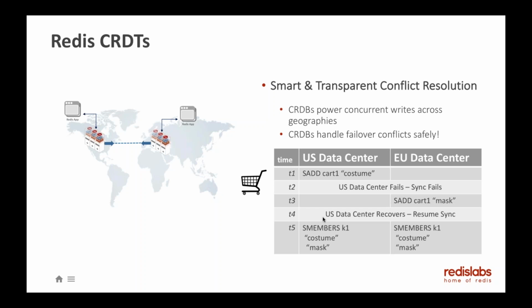Once these two data centers start speaking with the bidirectional replication we have for Redis CRDTs, they'll understand that there were two unique items that were added to the set. And when they synchronize, they're going to conclude that my shopping cart should contain a costume and a mask. And they're both going to agree that this is the case.